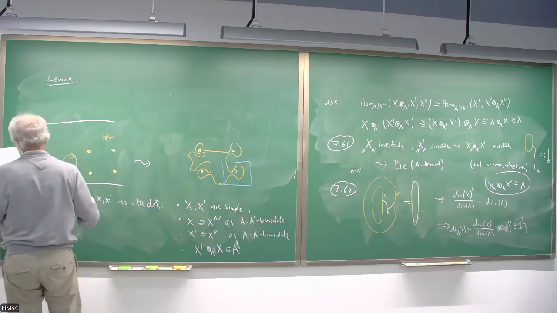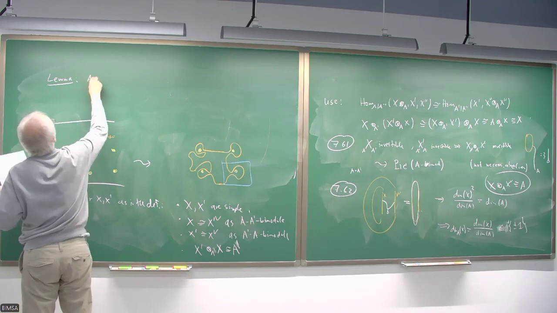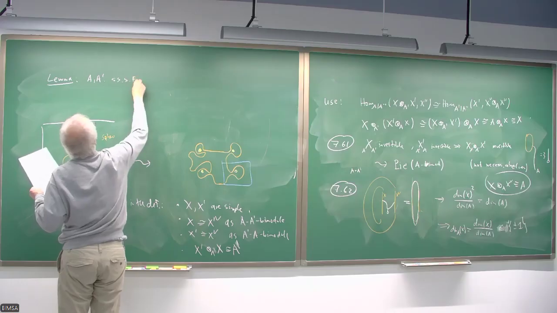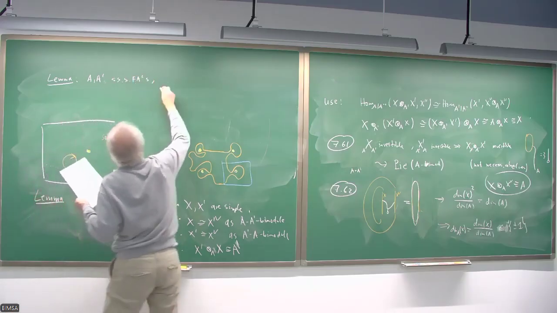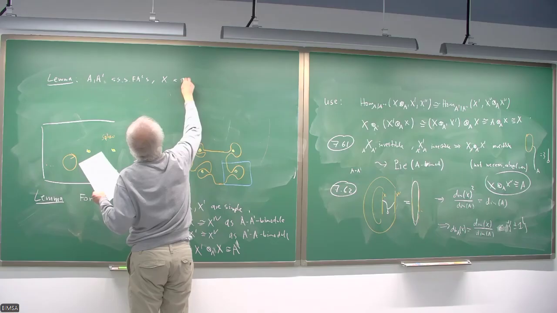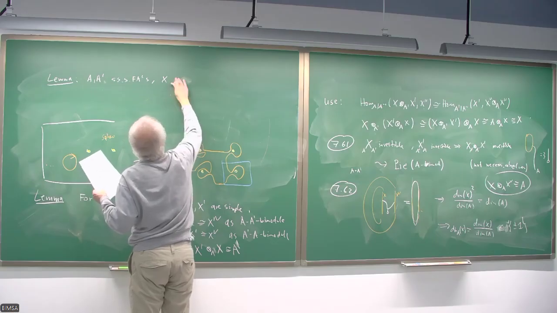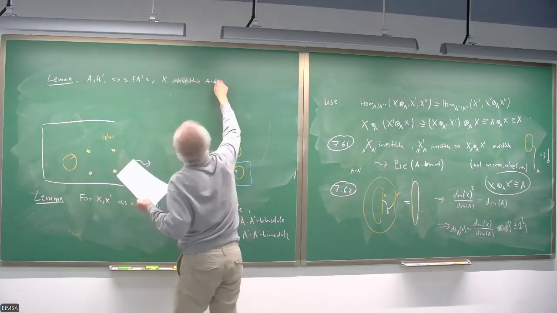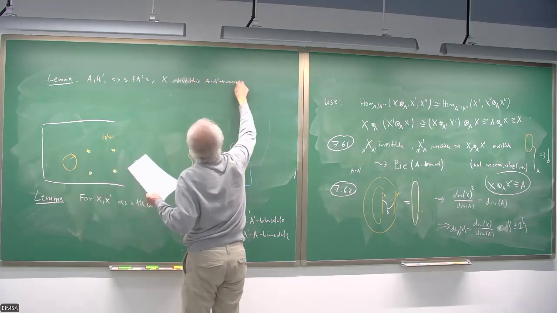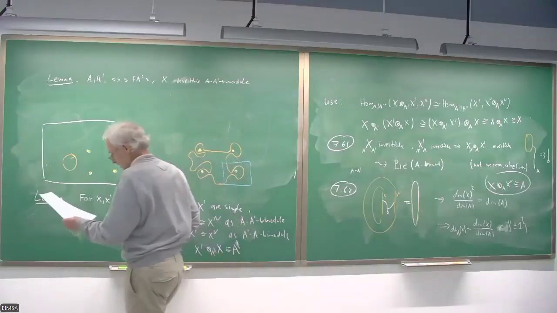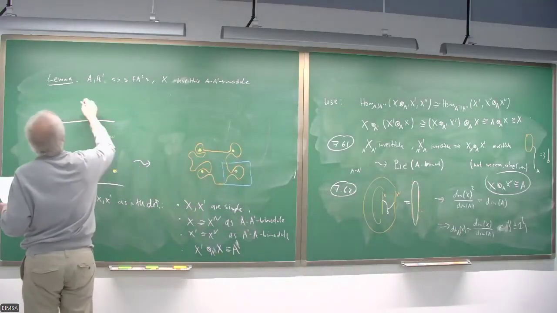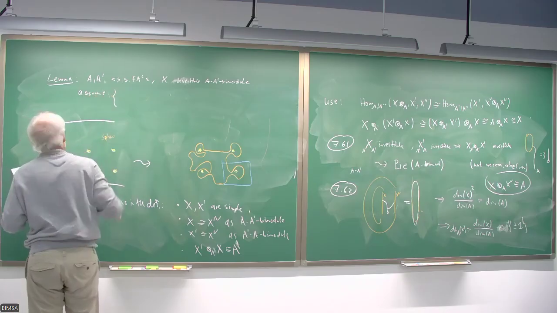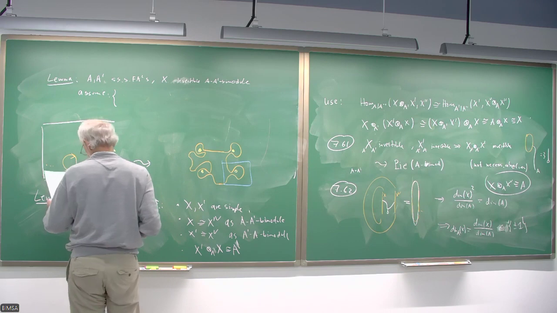Namely, let A and A prime be symmetric, simple, special symmetric covariant algebras, and X a simple and invertible A prime A bimodule. And assume one of two possibilities.